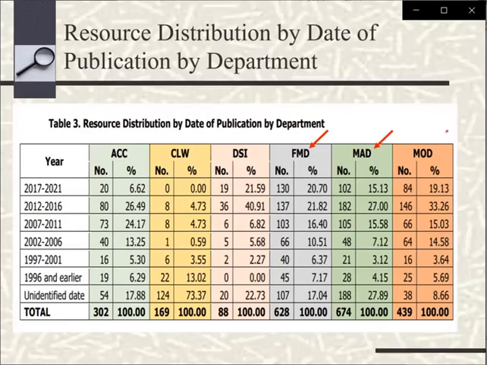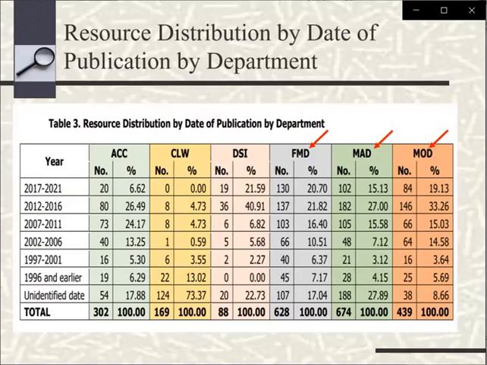Data under management and organization revealed that of the 439 resource materials used, 33.26% of the references utilized in their programs' course syllabi were published between 2011 and 2016.